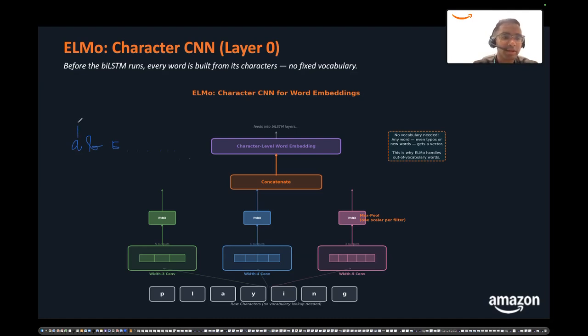Each and every character we look up in the embedding lookup table to see what the representation of that particular character is. Suppose we have our dimension embedding.